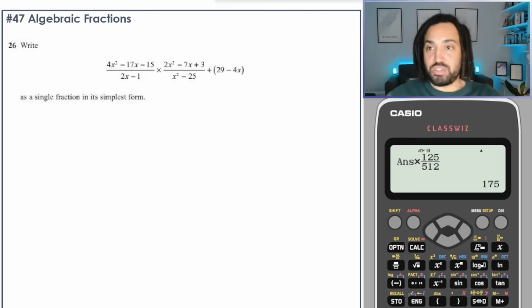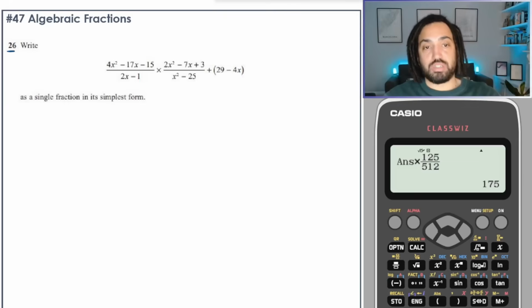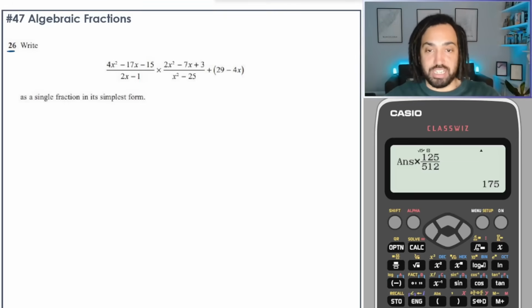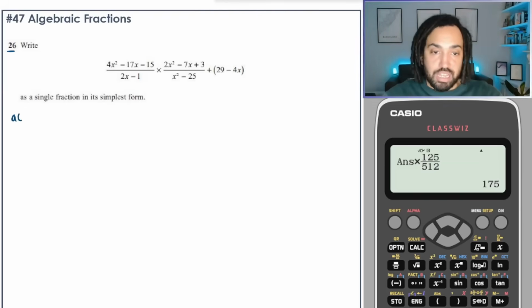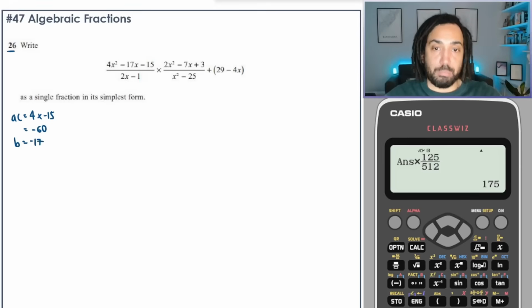Okay, best topic. Great for A-level, great for your algebra skills. Question 26, right at the end of a paper. Bosh, let's do it. Right, we've got to factorise using the AC method. AC is 4 times minus 15, which is minus 60, and the B term is minus 17.